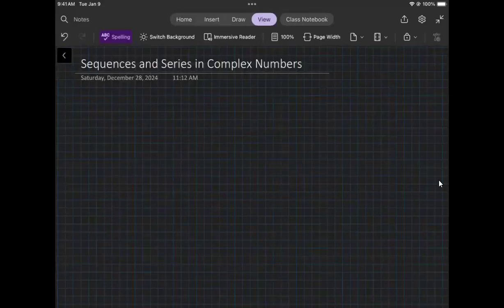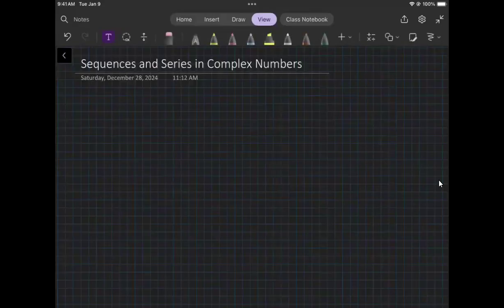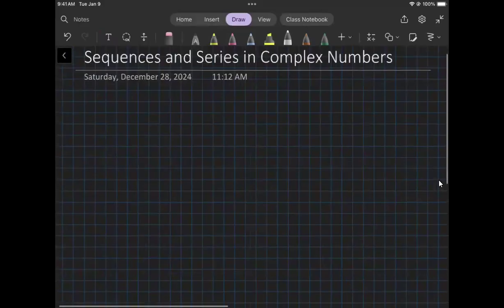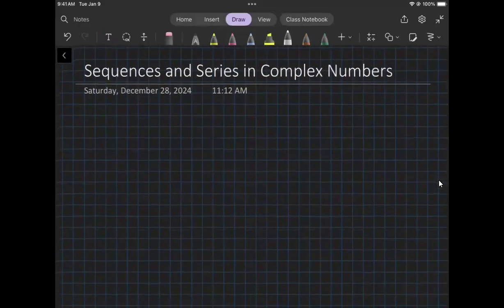So I hope you are enjoying this journey so far, and we're going to get into really crazy concepts in complex numbers. But in order to do this, we're going to get into some, I'll call it review in calculus, and we're going to be talking about sequences and series in the complex numbers.